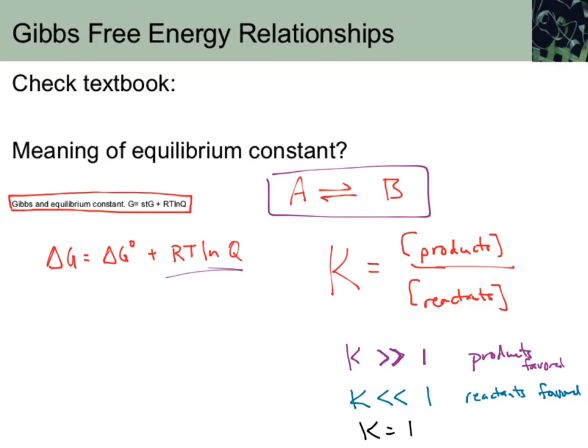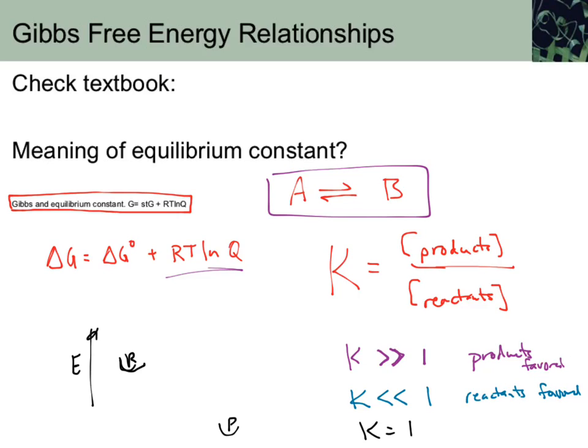How does that tie back to energy? So if we looked at an energy diagram, and I had a reactant, and I had products that were lower in energy, would I expect this reaction to favor the reactants or the products?